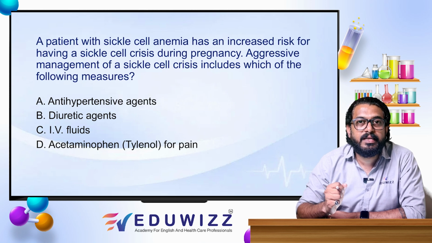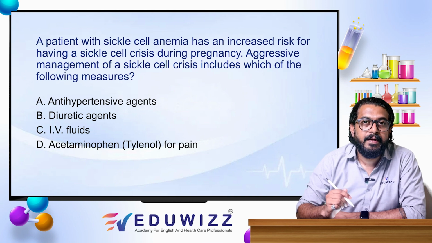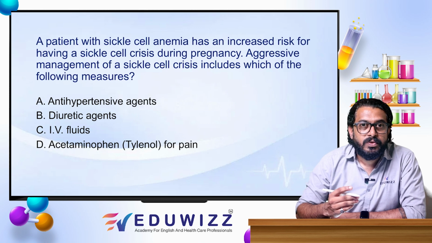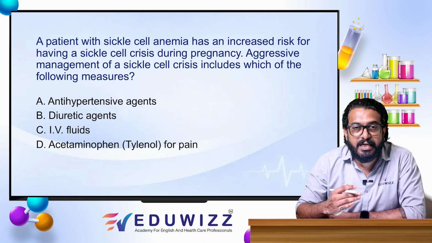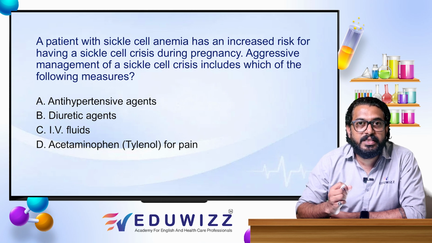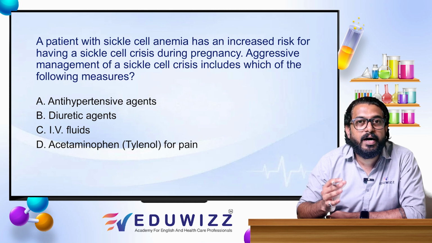And due to hypoxia, the patient will have severe body pain. And when this condition becomes severe, it's known as sickle cell crisis. So basically what happens in sickle cell anemia, due to the obstruction by the destructed RBC, the blood flow to the tissues will be decreased, leading to hypoxia and severe body pain.